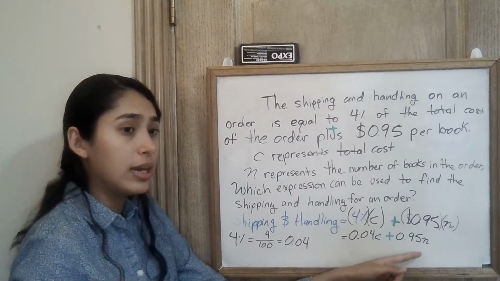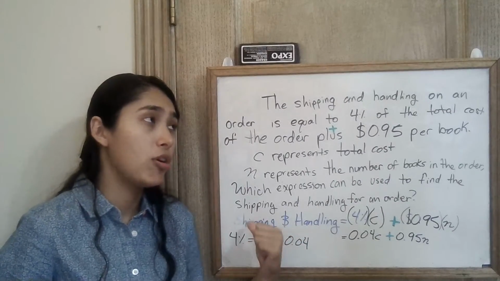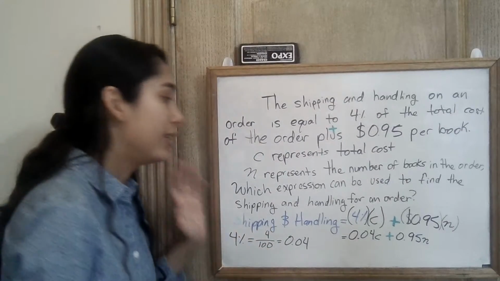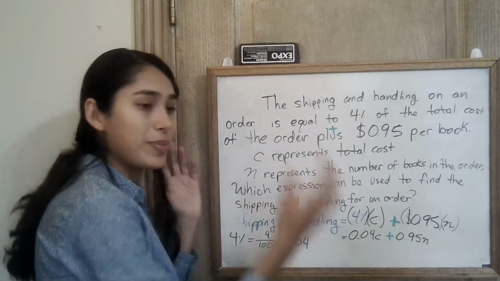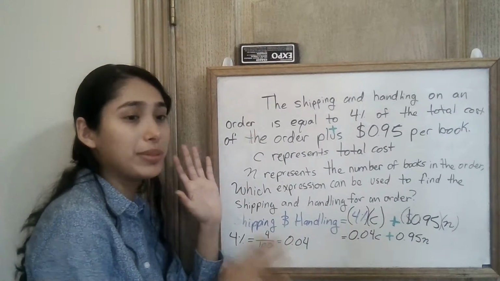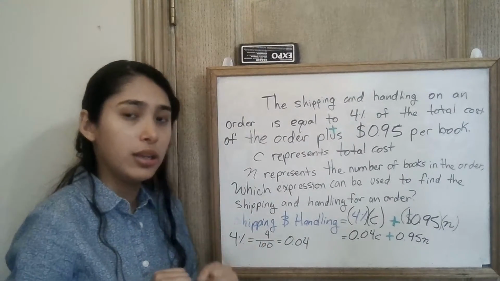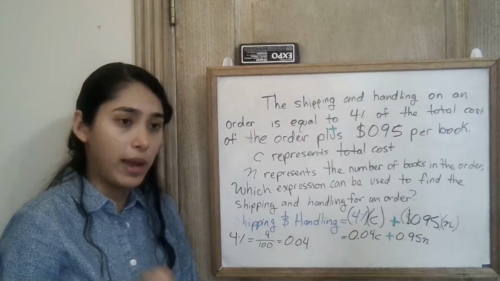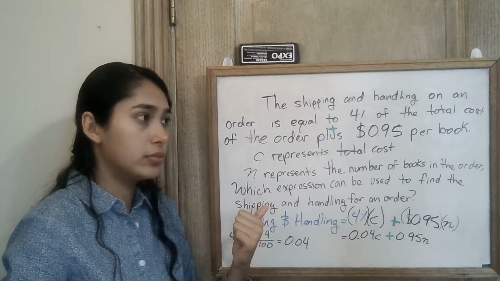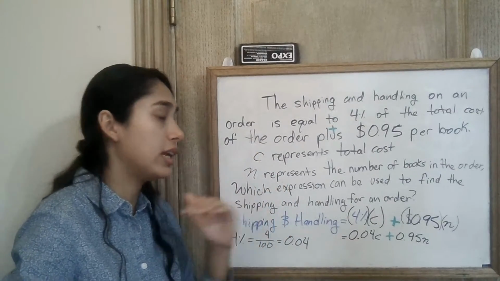So you'll find the number, and then it might ask what the amount for shipping and handling was, and then what everything the customer paid was, aside from the cost of the book and the shipping and handling. There are so many ways this type of problem can be built up. This is why it's very important to set up your expression correctly. If you have to go back and look at it again, go back and look at it. Because there's a saying, garbage in, garbage out. If you start off with something wrong, you're going to end up with something wrong.